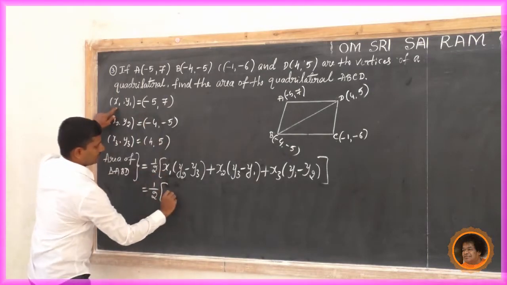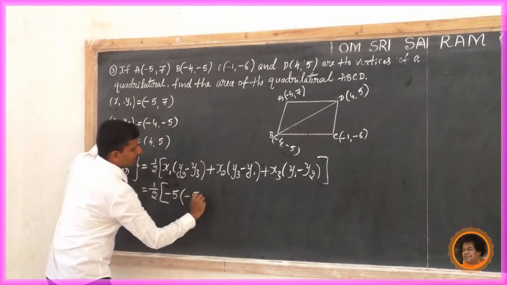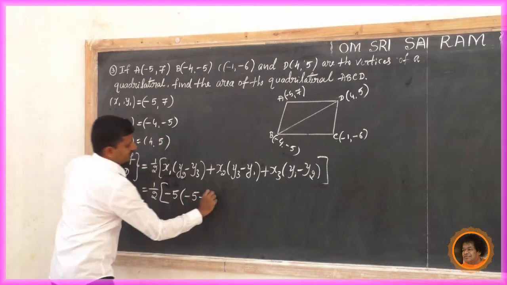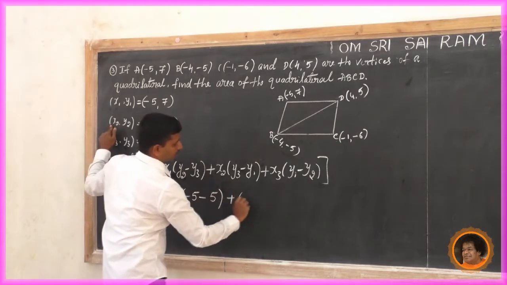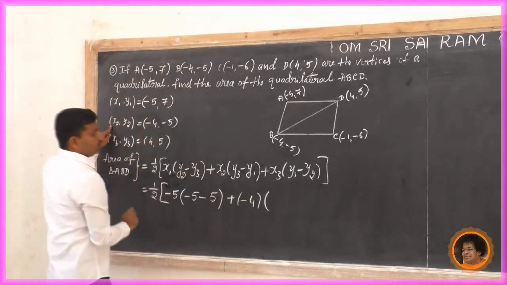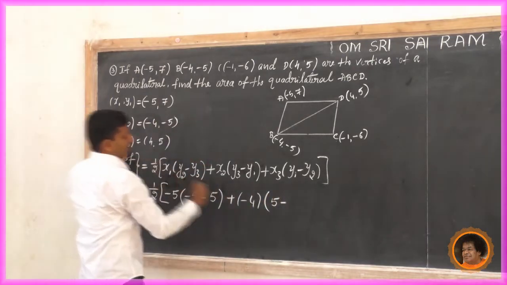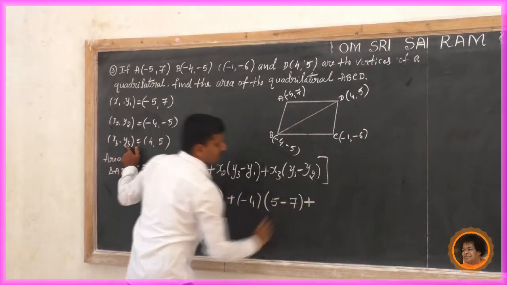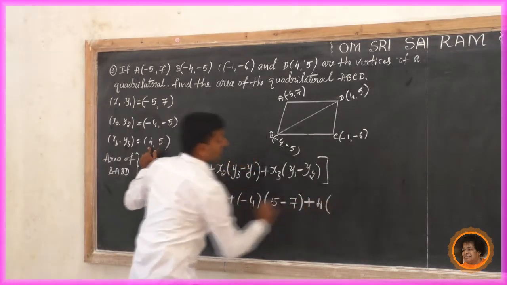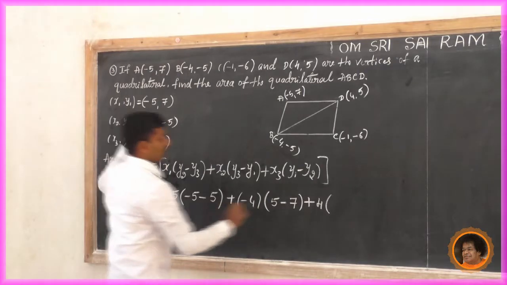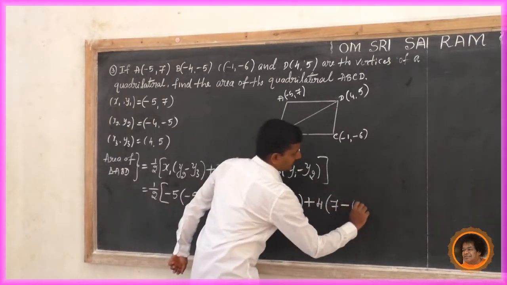The x1 value is minus 5 into y2, the y2 value minus 5, minus y3. Y3 is 5, plus x2 value minus 4 into y3 value 5 minus y1 is 7, plus x3, so x3 value 4 into y1, that is 7, minus y2 is minus 5.